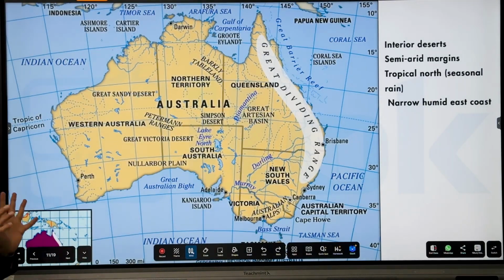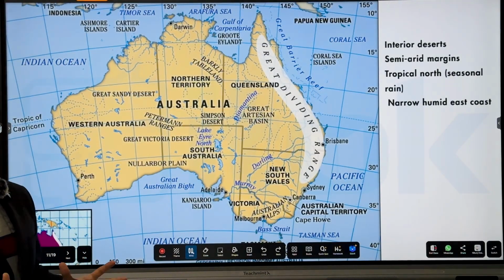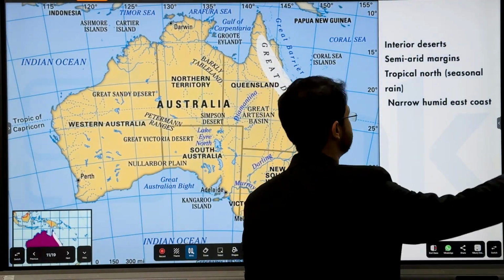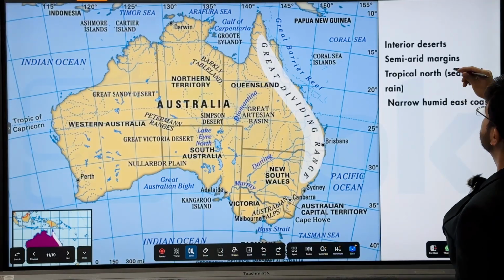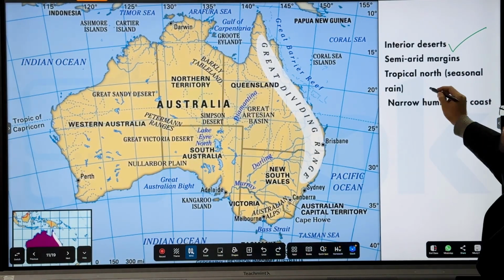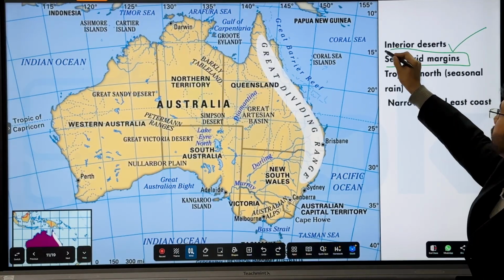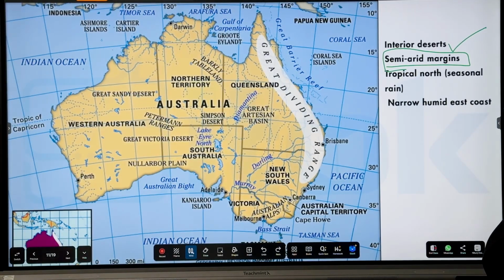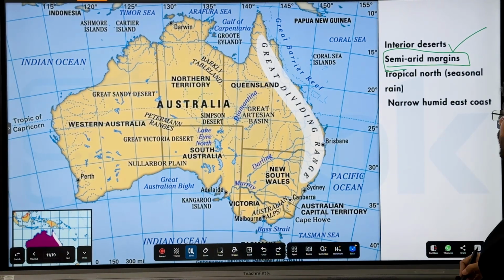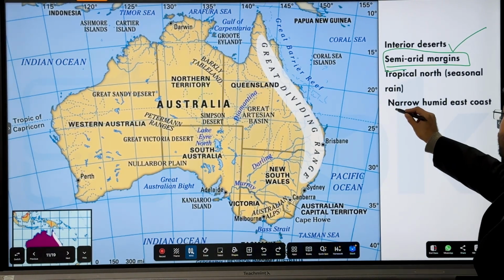Now, when we have understood what is going on with Australia, number one thing we can understand is interior deserts. It is full of deserts. Even the margins are semi-arid margins. Tropical north is there because of different regions which you don't have to get into, and narrow and humid east coast.